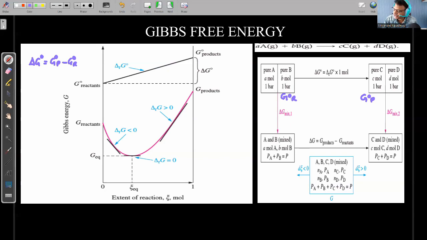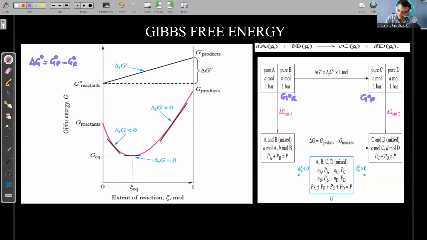The difference of these two things is delta G naught reaction. So we are saying that the difference of G naught of product minus G naught of reactant is this straight line, and the slope of the straight line we can say, because here extent of reaction is 0 to 1, so change in y upon change in x is equal to slope of the line. So that represents the value of delta G naught of the reaction.